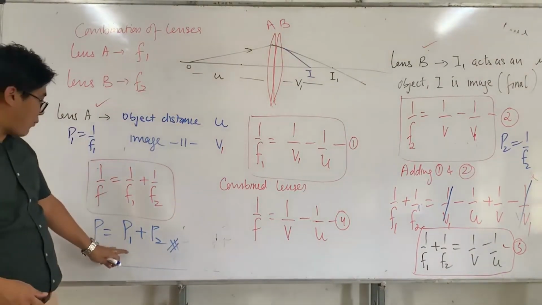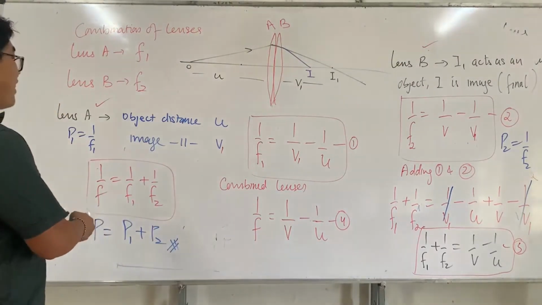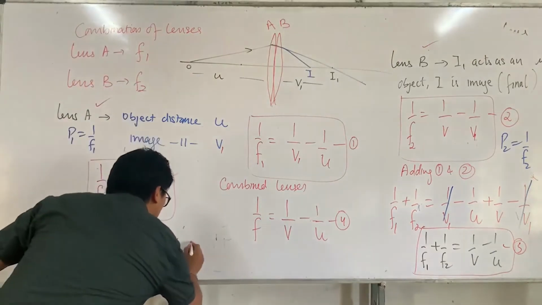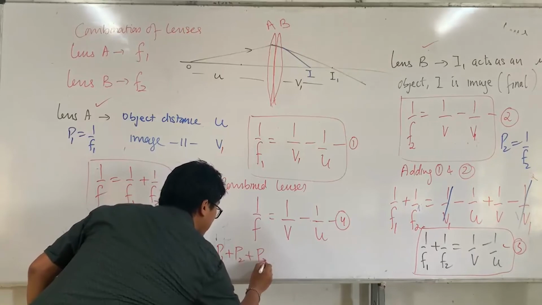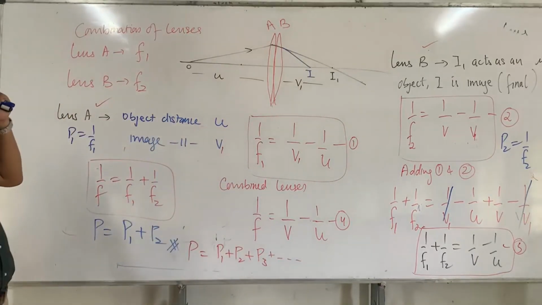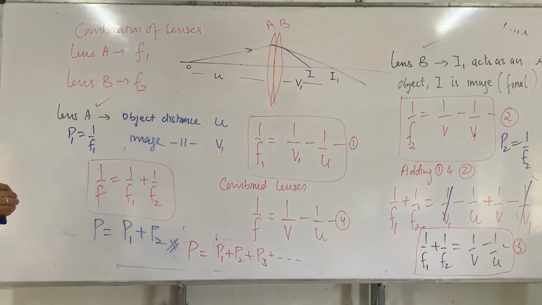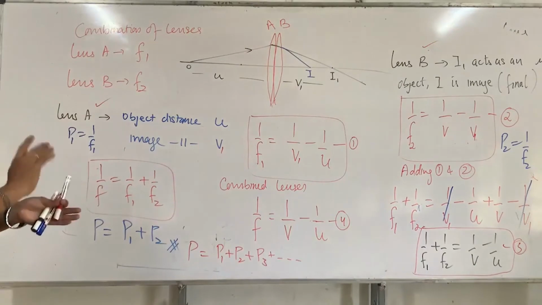P is equal to P1 plus P2. If I have n number of lenses, power can be written as P1 plus P2 plus P3, and so on. You just add up. And one thing you should keep in mind is that if I combine a convex lens and a concave lens, then these two cancel each other.